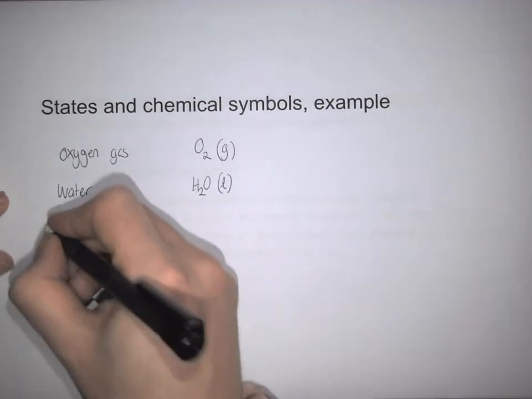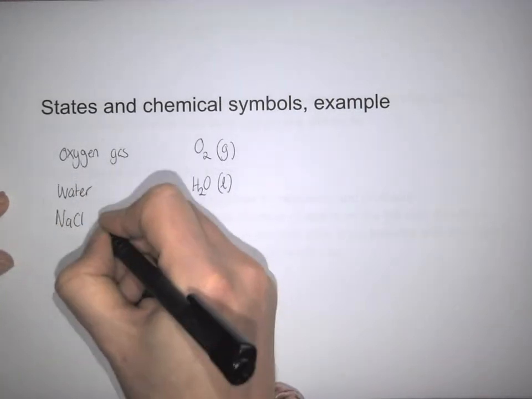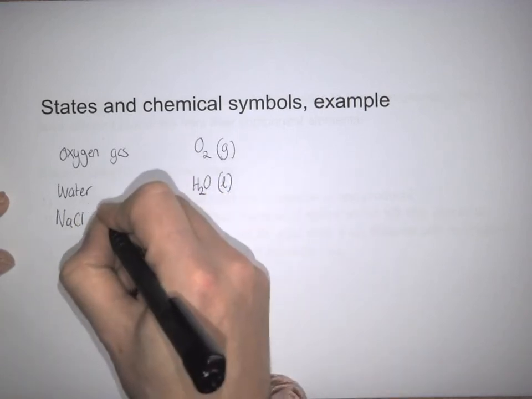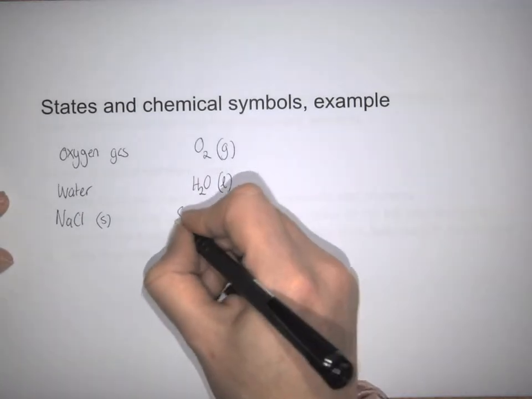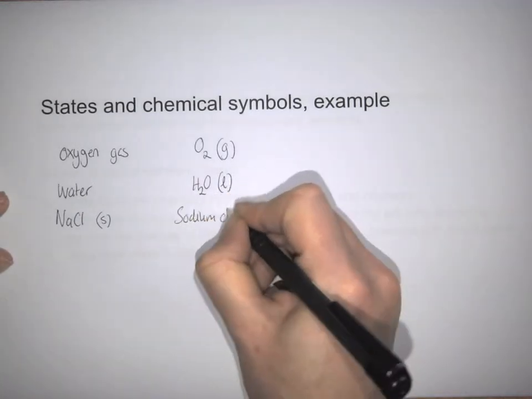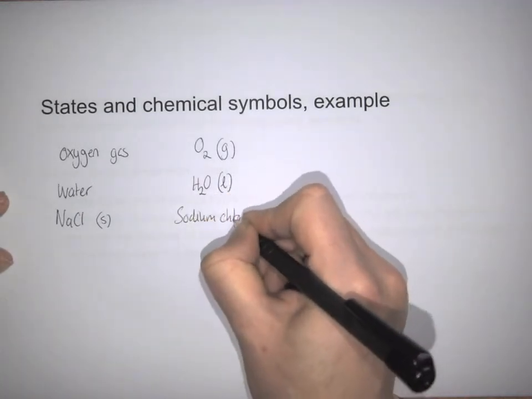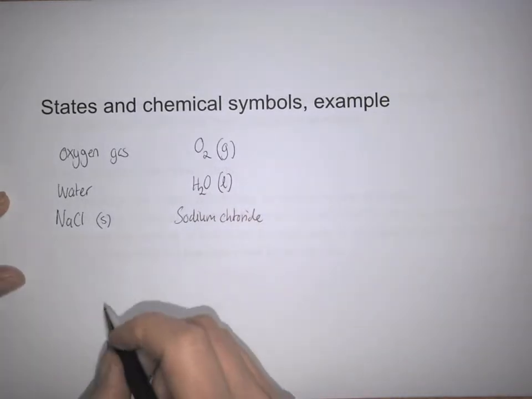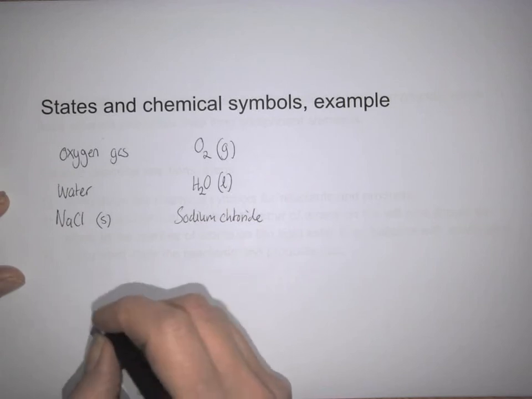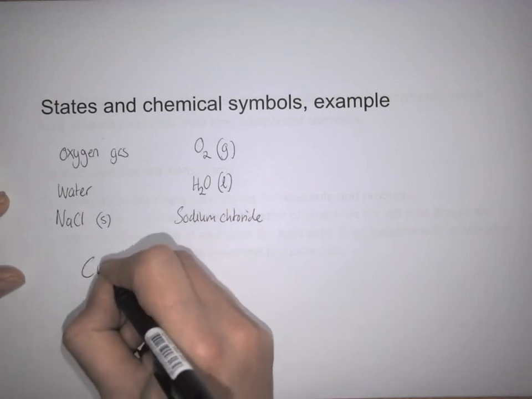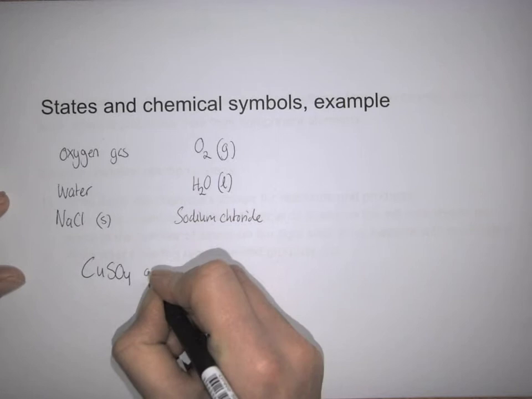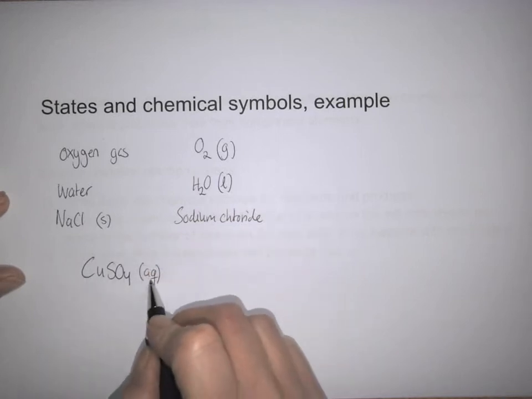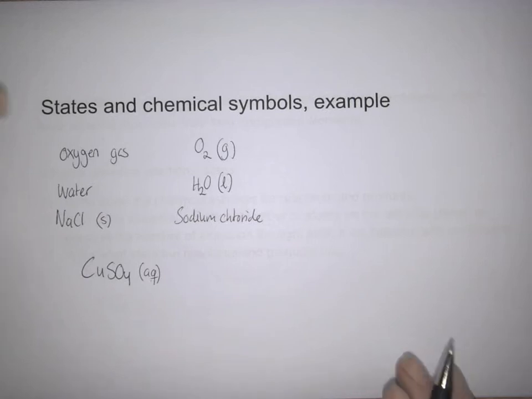If we have sodium chloride, the salt, in solid state, we will have that as s, like this. And also, if we put some of the salts into water, that will become an aqueous state. For example, if we take copper sulfate and notate it with aq, that means that the salt has been dissolved in water. So that's aq.